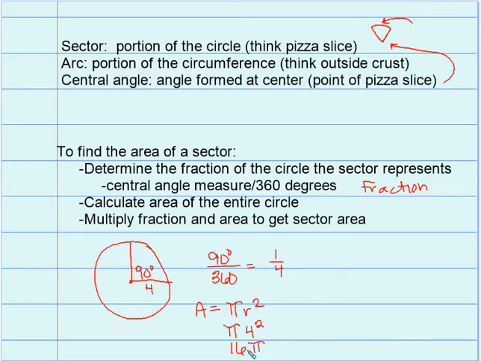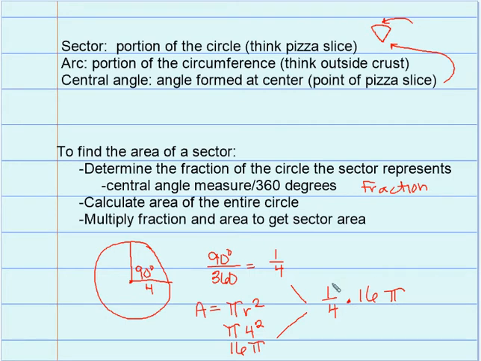Now, if I'm going to use 3.14 here, the easiest thing to do is we need to find 1/4 of whatever this value is, right? Because we multiply the fraction and the area to get the sector area. So I can leave it like this. I can leave the area 16 and just the symbol pi, because I'm going to take 1/4 times 16 pi.